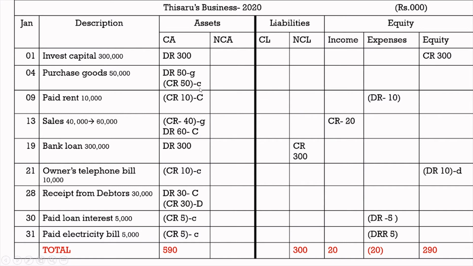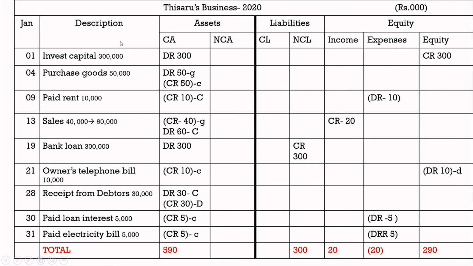What has happened is there's an increase in an asset recorded under current assets and a decrease in an asset, the cash, that is also recorded under current assets. So here the effect is 0. Plus 50 and minus 50, there is no impact. See, here also they have an opposite reaction.